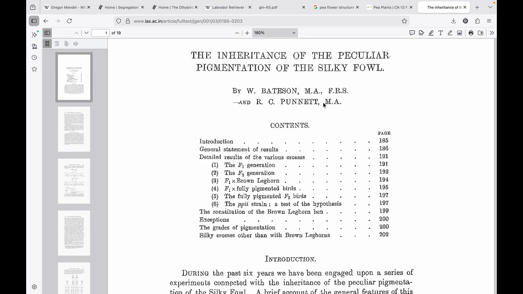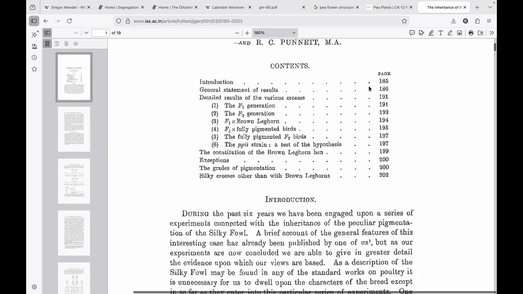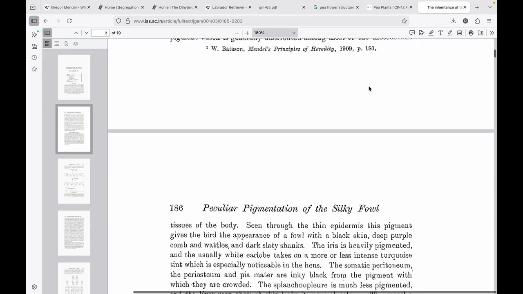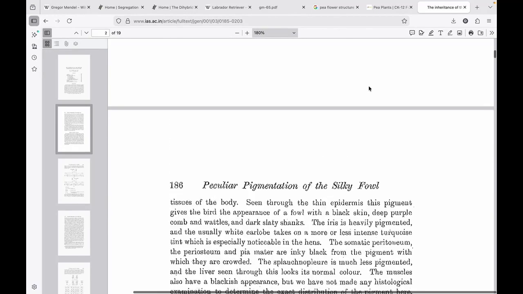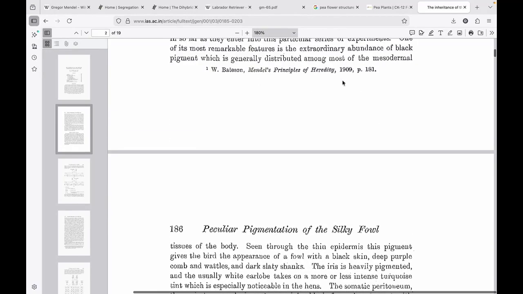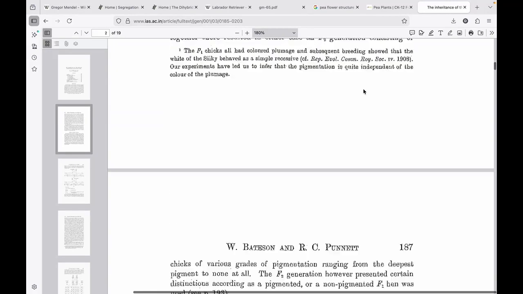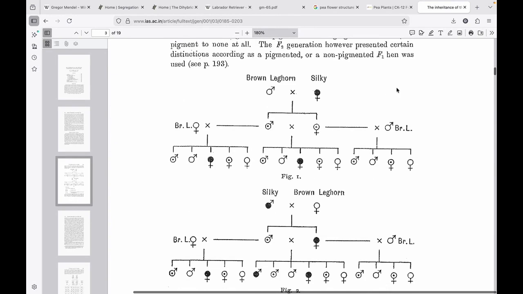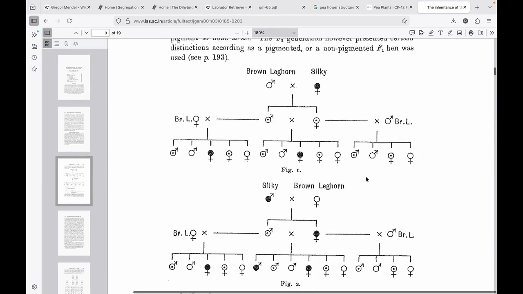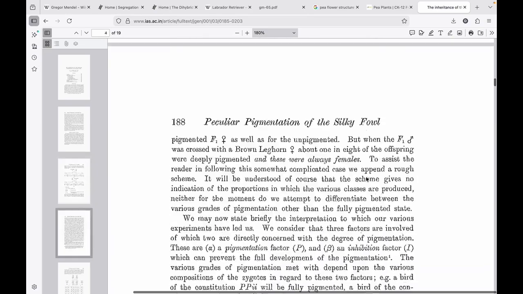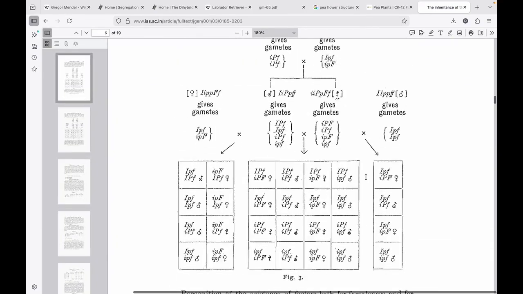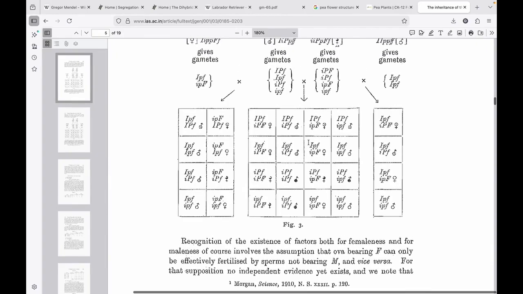But Punnett worked with chickens, with pig feather color in chickens, and if you take a look at the citations, they're citing Mendel and Mendel's ideas in this study. They're using things that we use today, pedigrees, in their paper, and they also use these square diagrams to show how the gametes that get made by the parents will randomly come together to form the offspring.